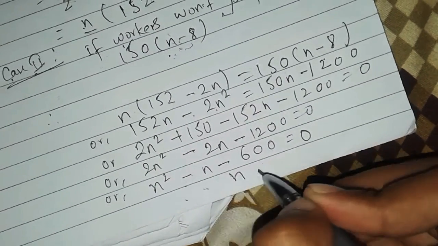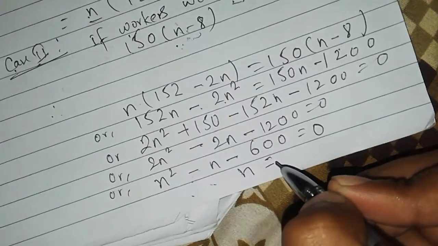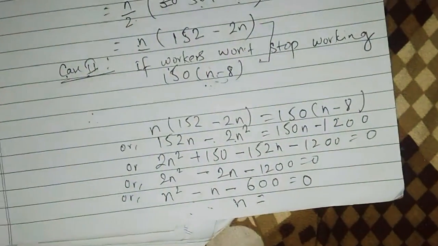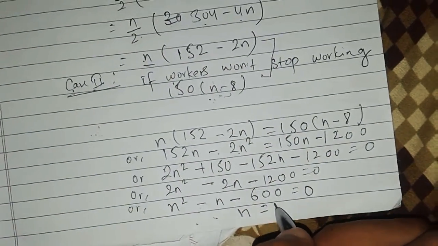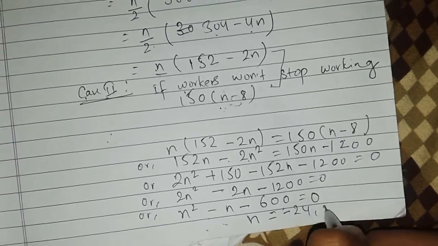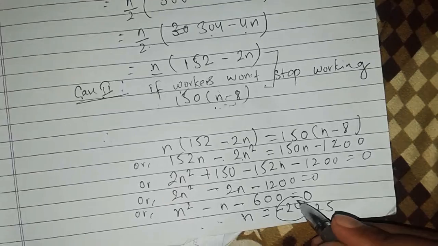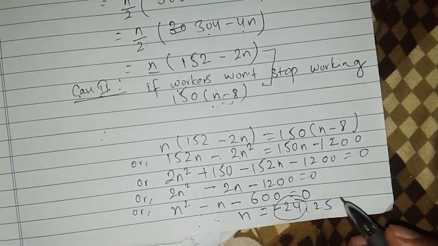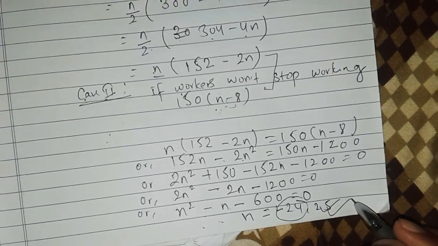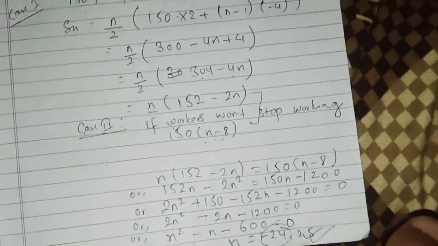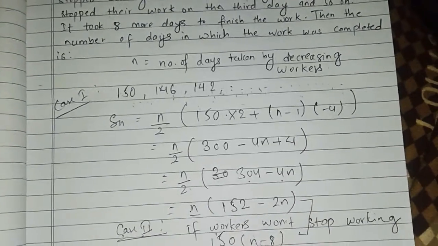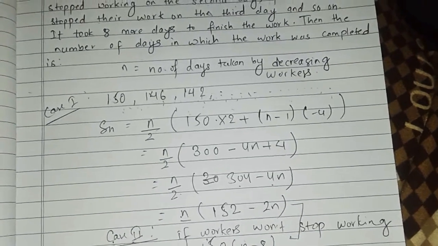If you solve this, you will get the values minus 24 and 25, and we will not take the value minus 24 because the number of days can never be negative. So the answer will be 25 days. Hence, those decreasing number of workers will take 25 days to finish the work.